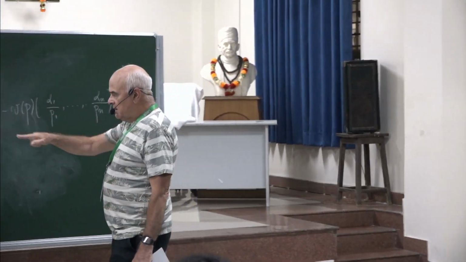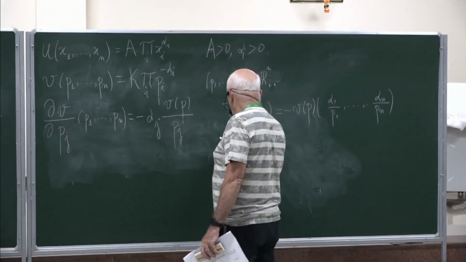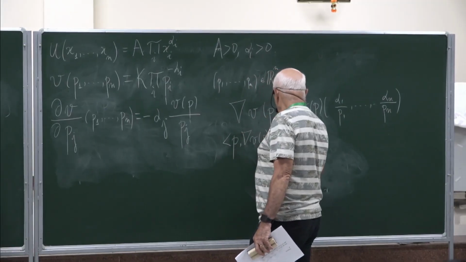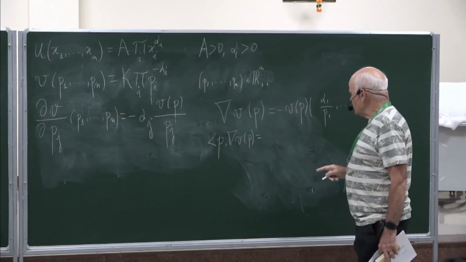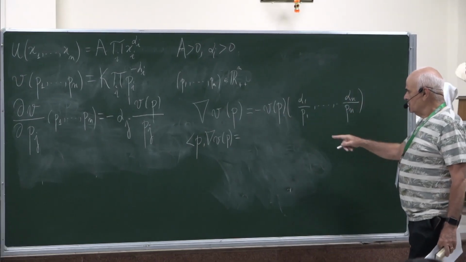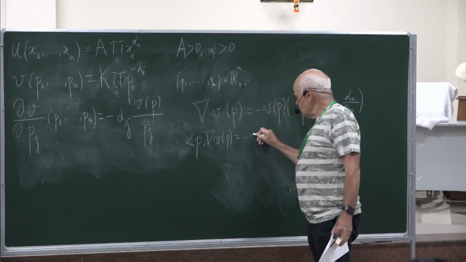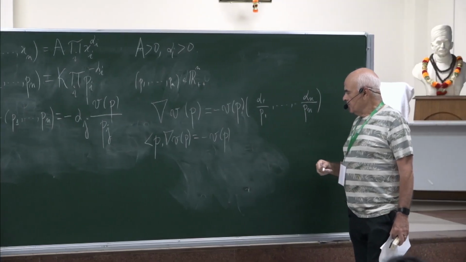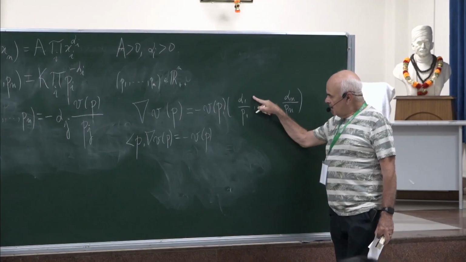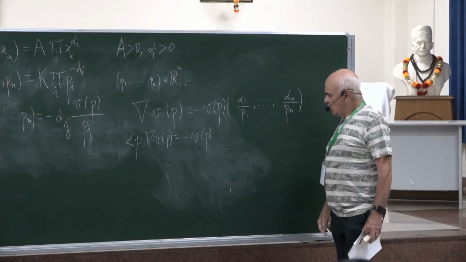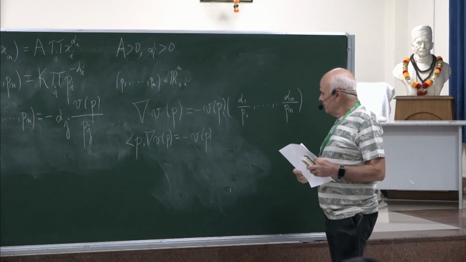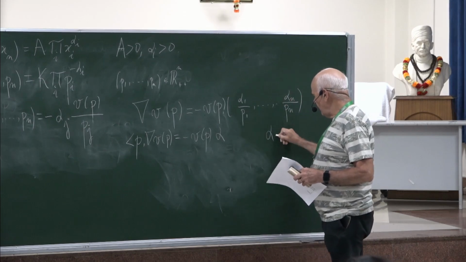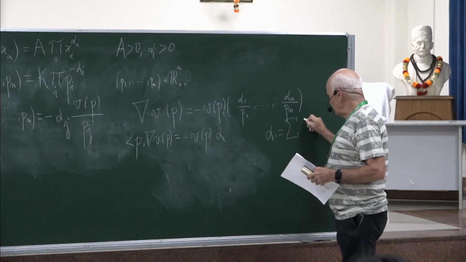Now we need the inner product with p. So we have to make the sum. This is a scalar which comes out. The sum of p_i times alpha_i over p_i, and this is exactly what we have always called alpha. The sum of the alpha_i's.